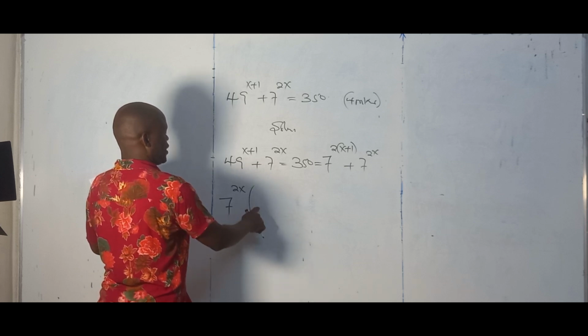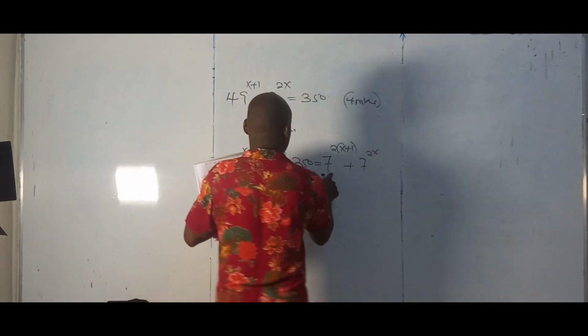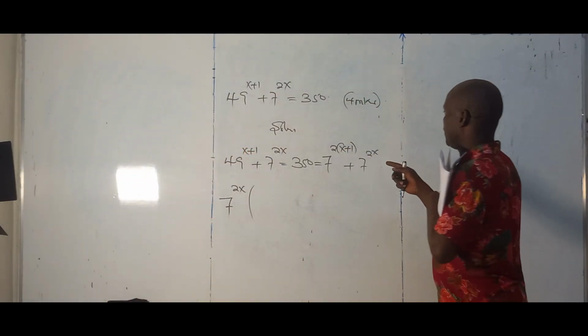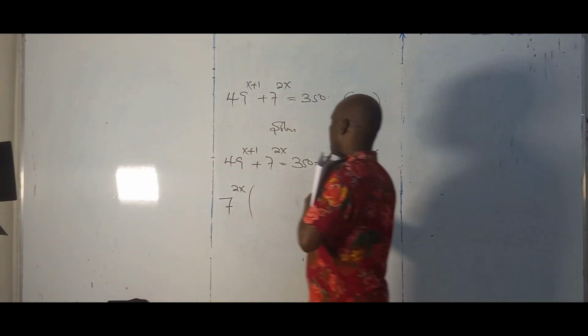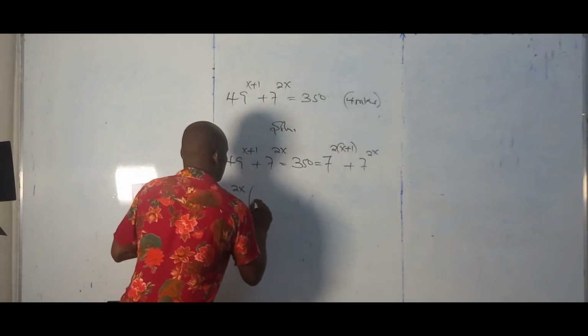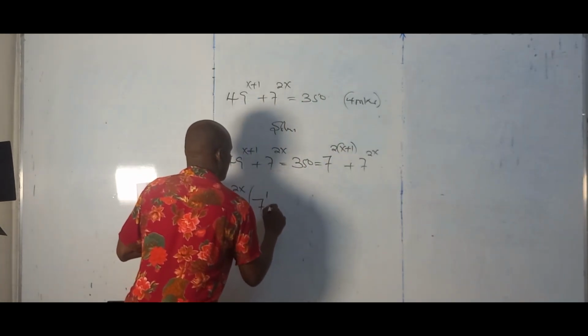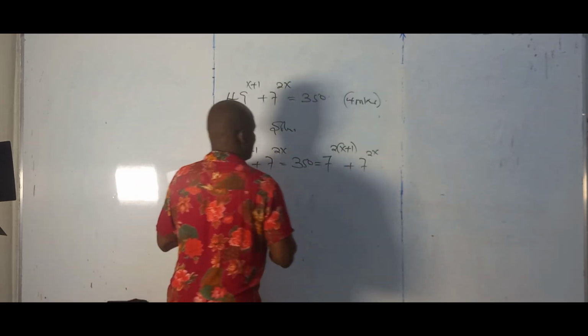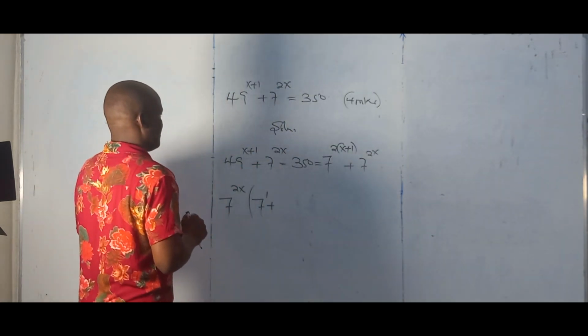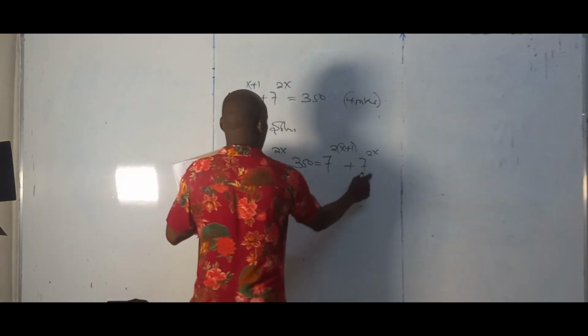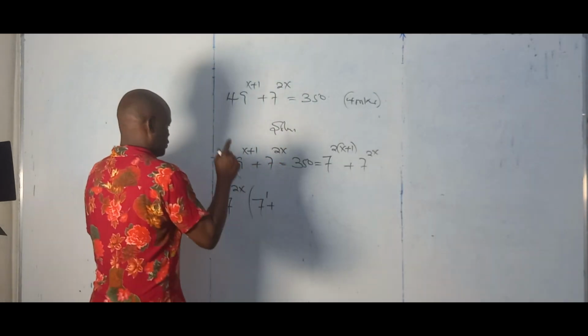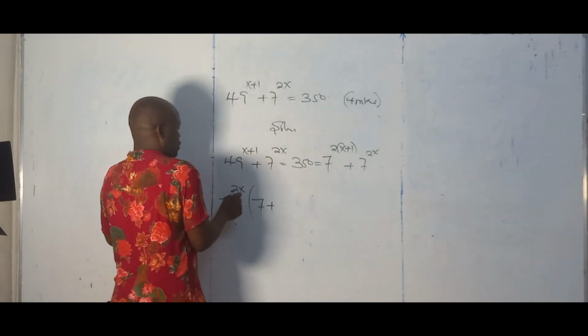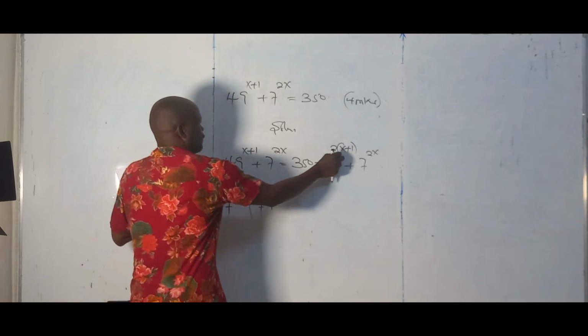Now here I will have 7 raised to power 2, because this 2x already takes care of the first one.